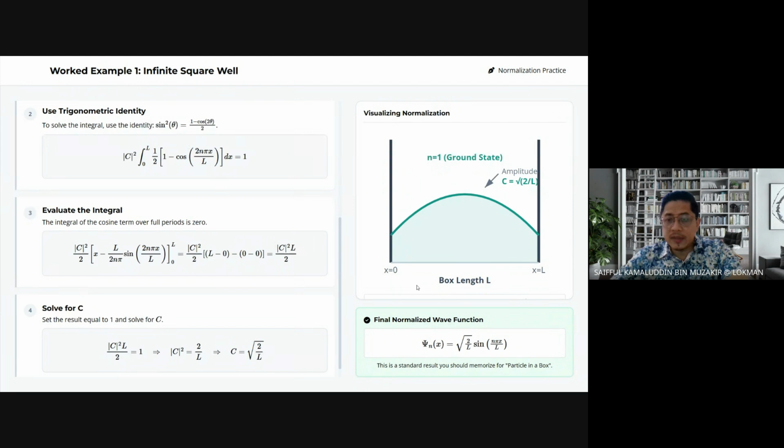This is 0, this is x equals L. So this is our ground state. n equals 1 is our ground state, when the electron doesn't absorb any energy from outside, maybe from heat or light. If it doesn't absorb any energy, it stays in the ground state. It won't be excited to n equals 2, 3, 4, 5, or 6, so it stays in its location.